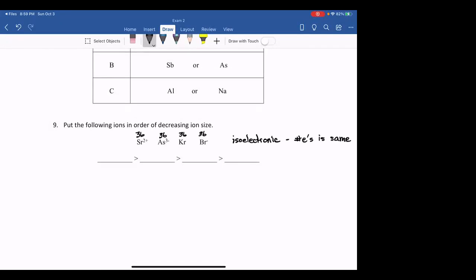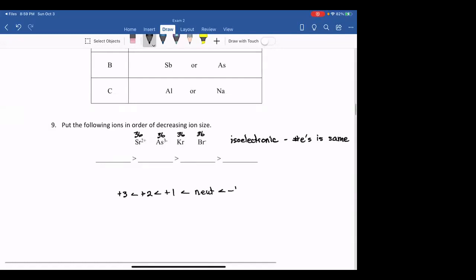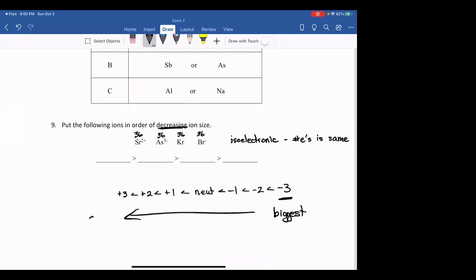So it's isoelectronic. Anytime you have isoelectronic, a +3 is smaller than a +2, is smaller than a +1, is smaller than neutral, is smaller than a -1, is smaller than a -2, is smaller than -3. Now the key is decreasing size, so we wanted the biggest first and the smallest last.